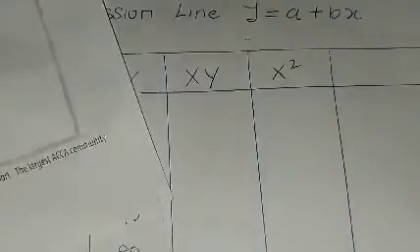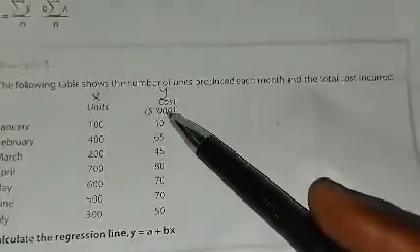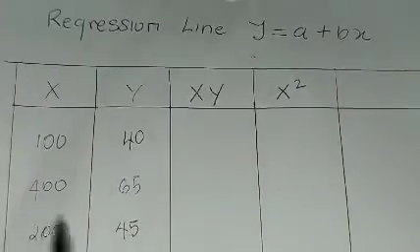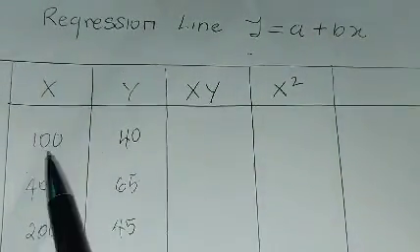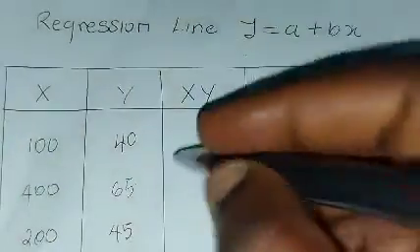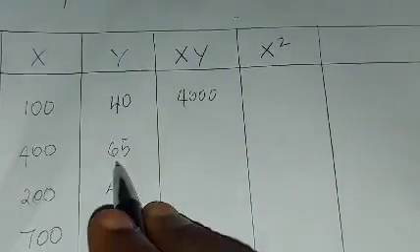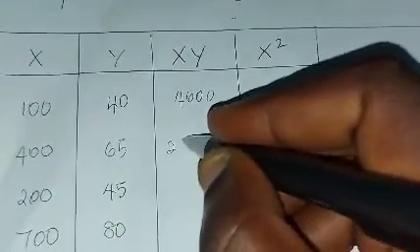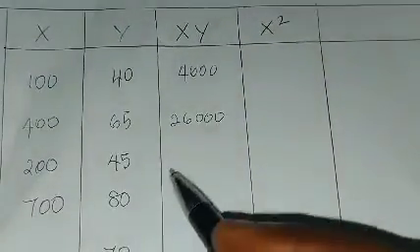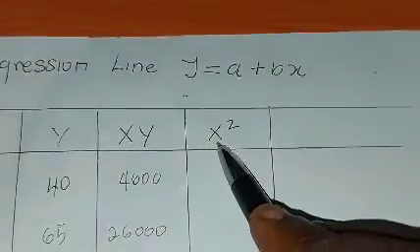You copy all of this. After that, you find xy, which means you multiply 100 by 40. On your calculator, it gives you 4,000. 400 multiplied by 65 gives you 26,000. 200 multiplied by 45 is, then you have x raised to power 2.